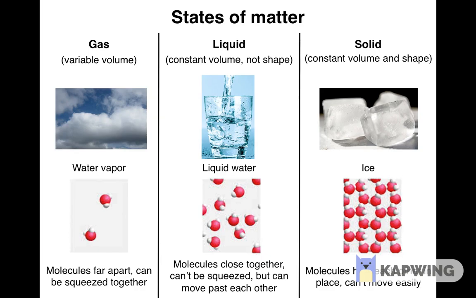Another example is all metals, except mercury, are solid at room temperature, but they can be melted and become liquid at high temperatures. Note that the transformations between solid, liquid, and gas states, as well as the dissolution of a substance in water, are physical, not chemical changes.